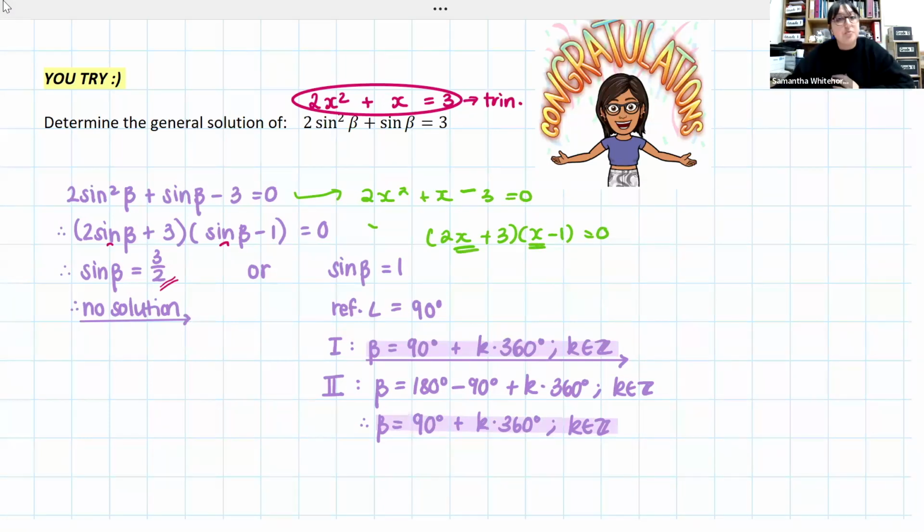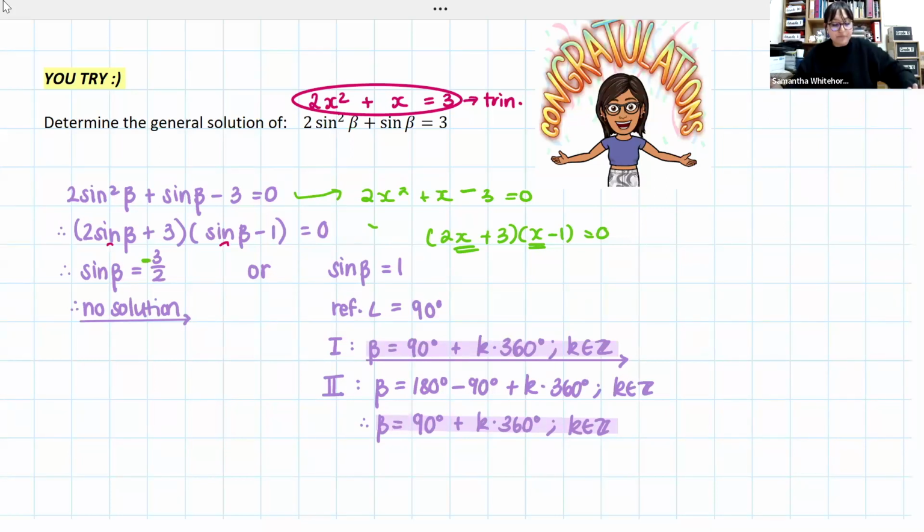That's fine. Help yourself through using K method or a substitution type method. Either way, we go and solve and we make each of them equal to 0. Now, for the first bracket of the 2 sine beta plus 3, also it would help if I put the correct sign here, you get sine beta equals negative 3 over 2.